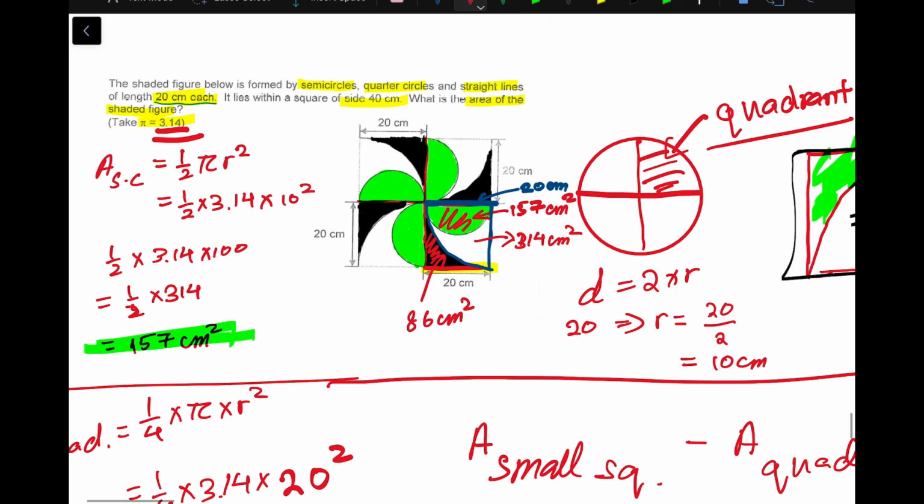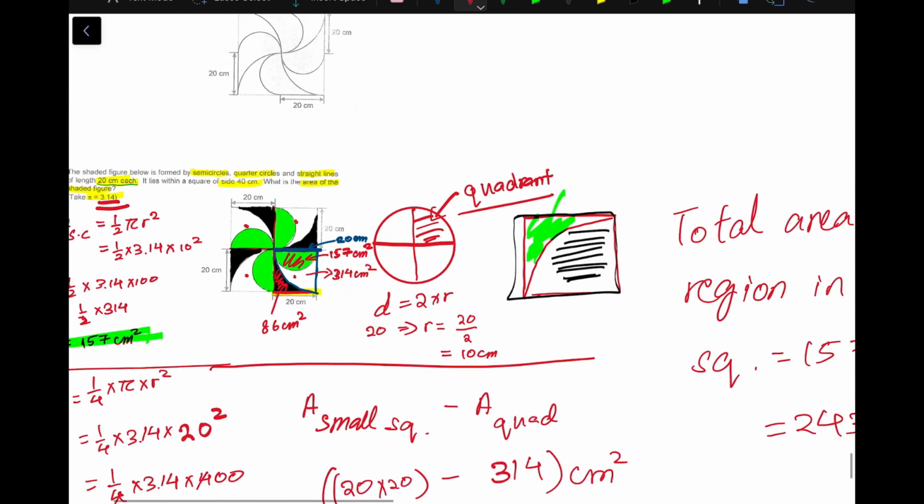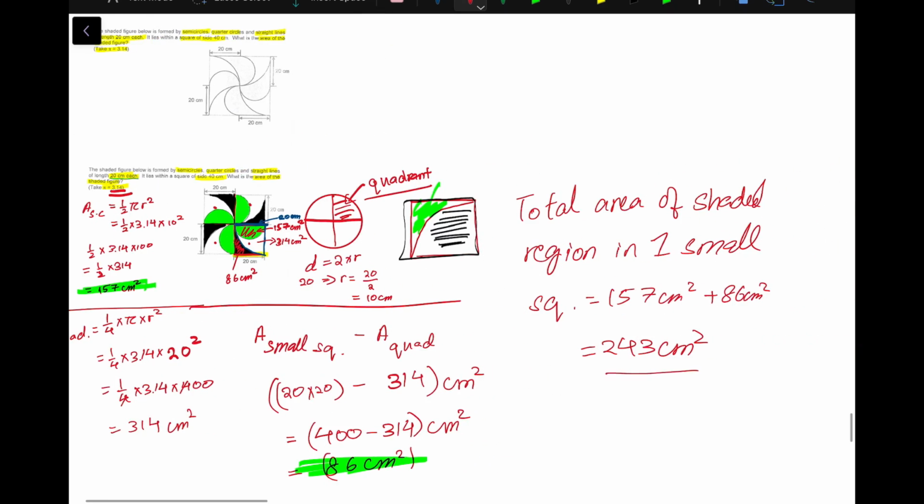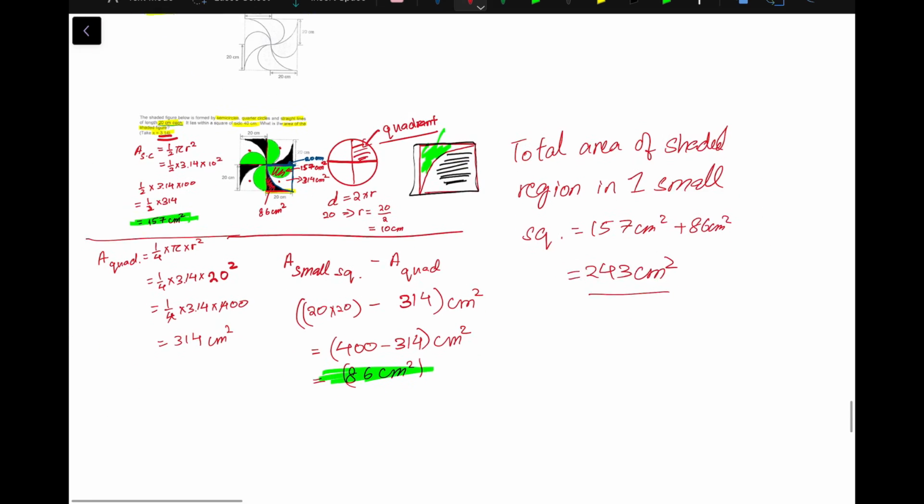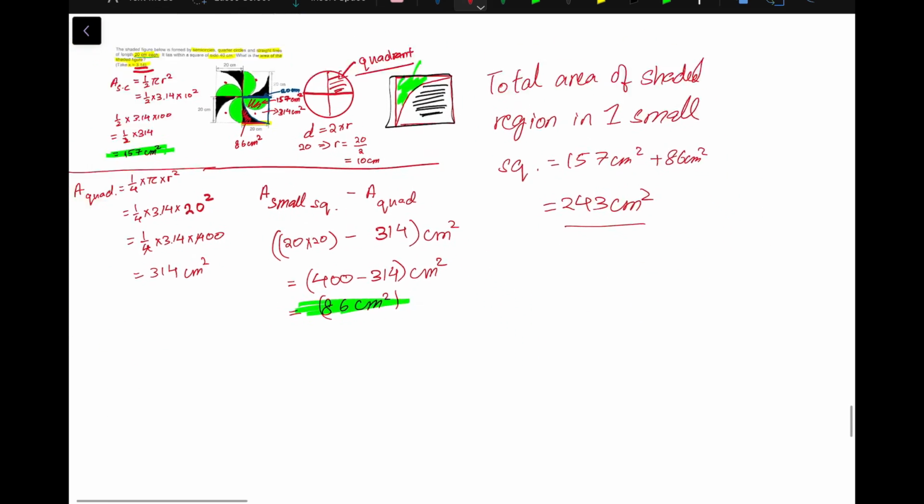And if you see, we have 4 small squares over here, so we have to multiply this area by 4 to find the total shaded area inside the whole figure.